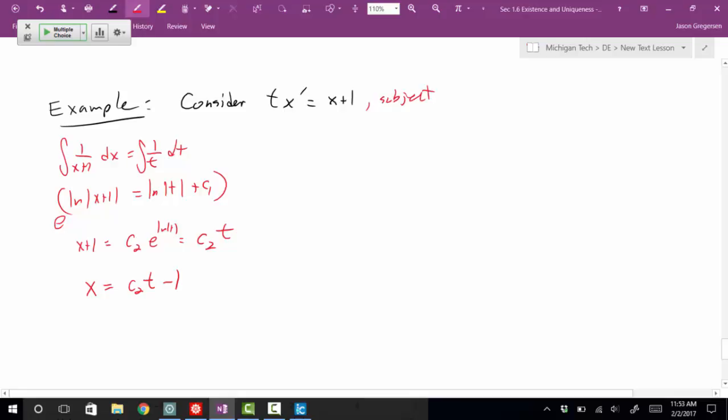Let's add our initial condition. X of 1 equals 1. Now we can find our constant. Once you find that constant, approximate x of negative 2.